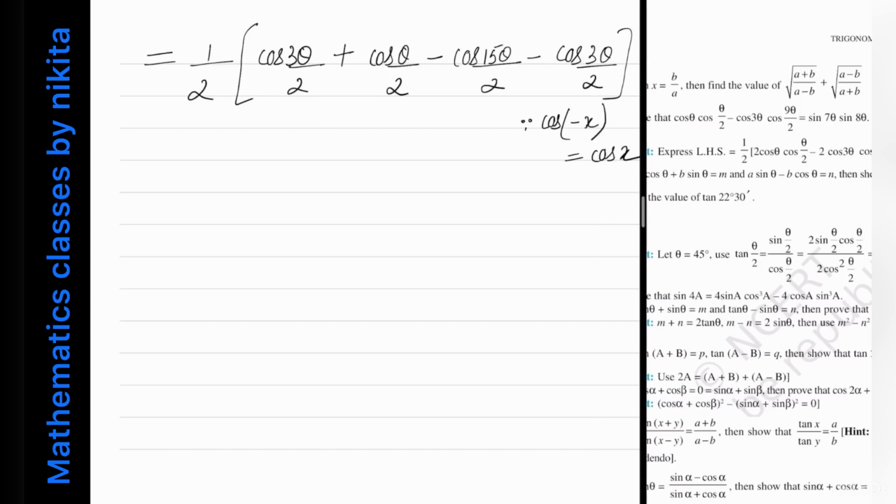Okay, now I can cancel out this and this, so you are left with half times cos of theta by 2 minus cos of 15 theta by 2.